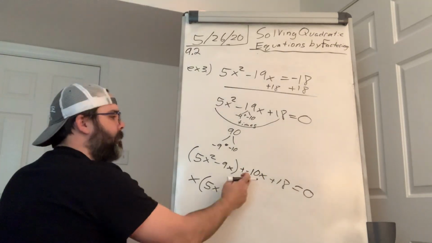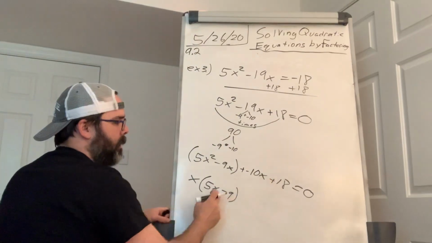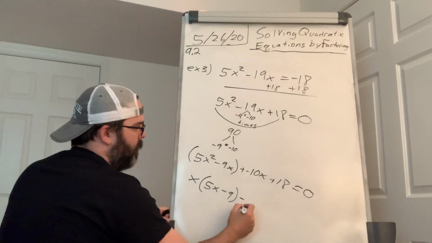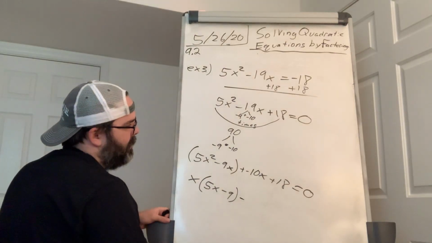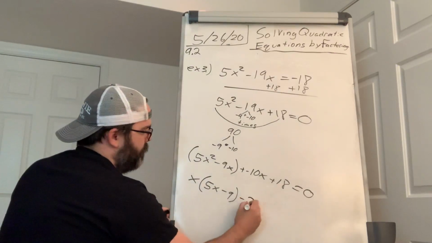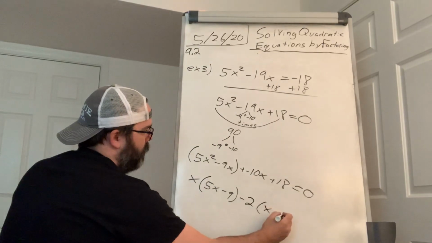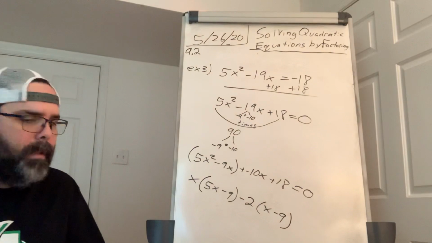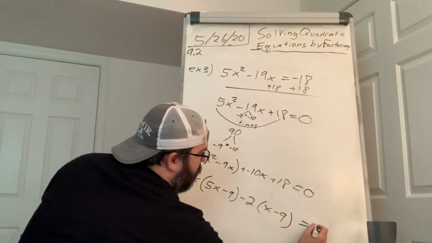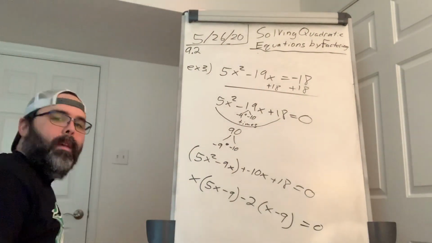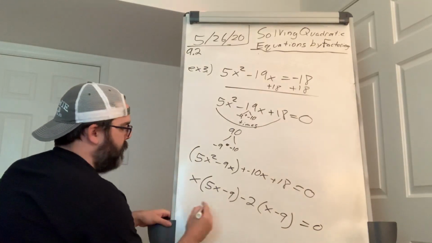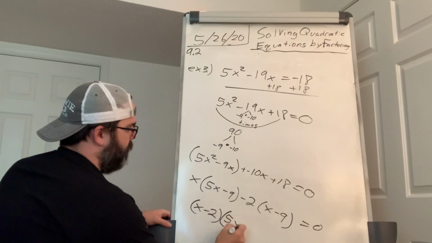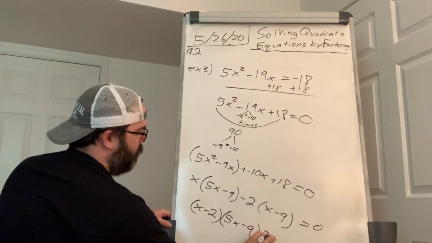I need to factor out the negative because I want this to be a negative here. So I'm factoring out negative 2. Equals 0. All right, and then we rewrite this as x minus 2 times 5x minus 9 equals 0.